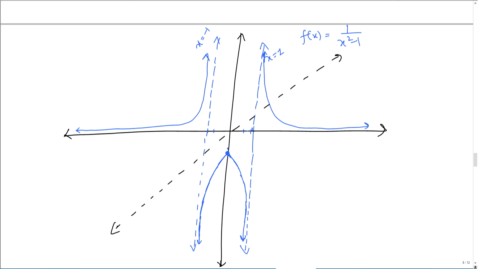Well, in order to find the mirror of this graph, let us plot these lines y equals 1 and y equals -1, because the domain and codomain would reverse now.